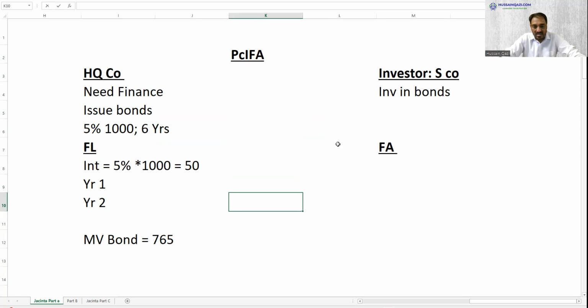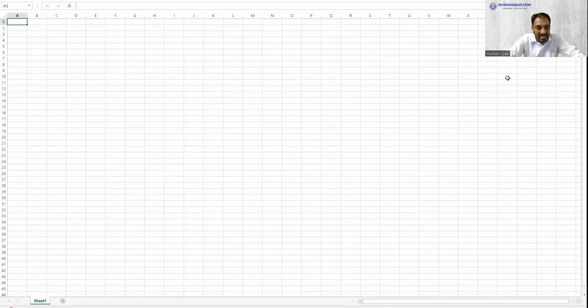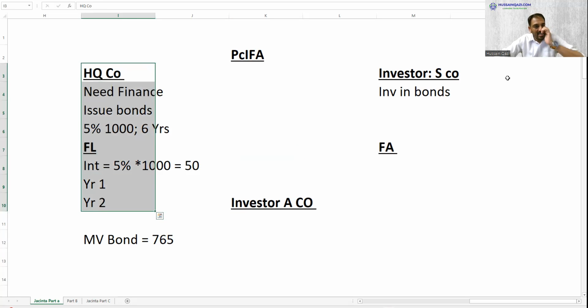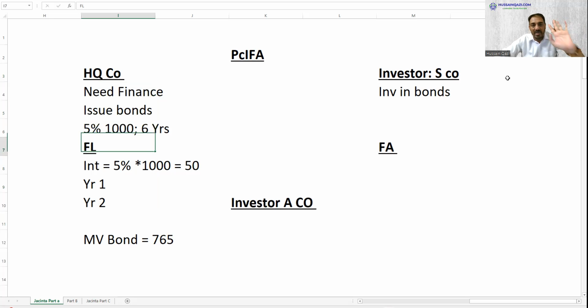There is an investor, for example, A company. A company has already noticed that the situation has happened and the bond's value has now deteriorated.